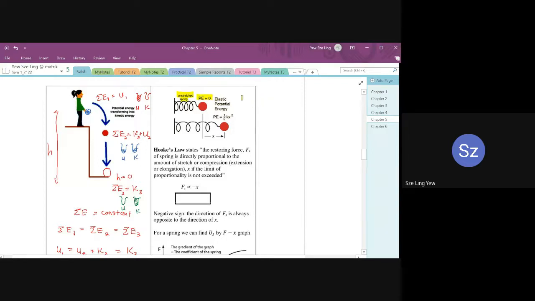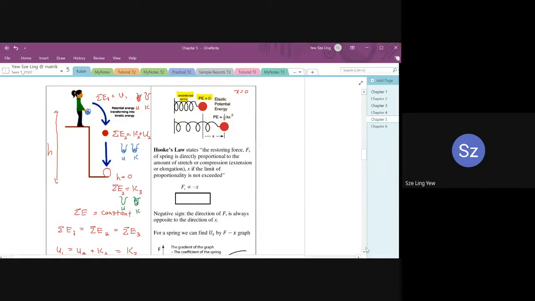It means the object is at its initial, original position, and the reason it is equal to 0 is because x is equal to 0, before you stretch it or before you compress it.